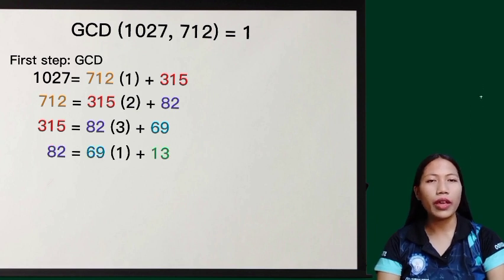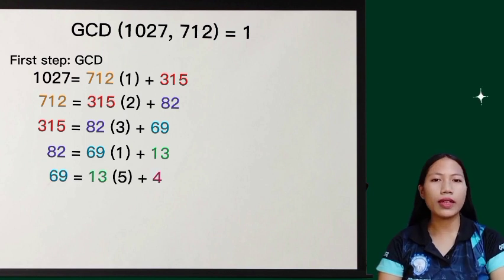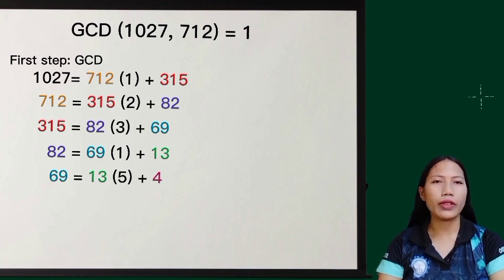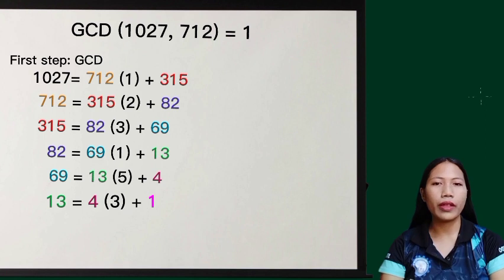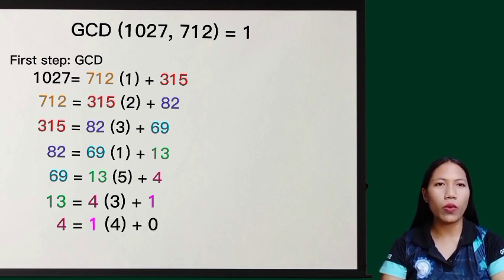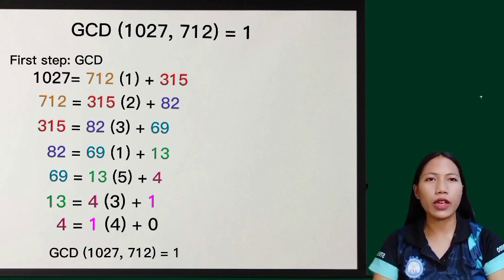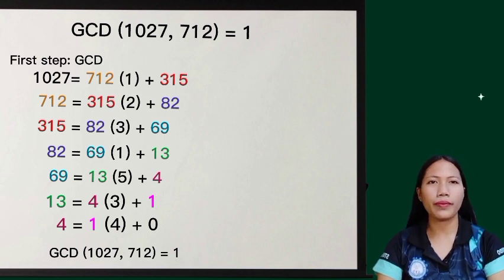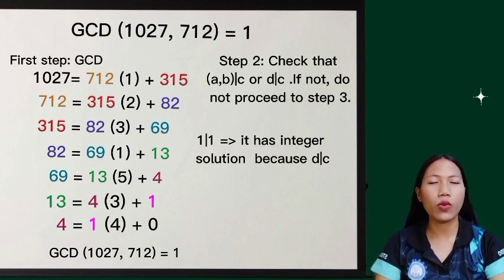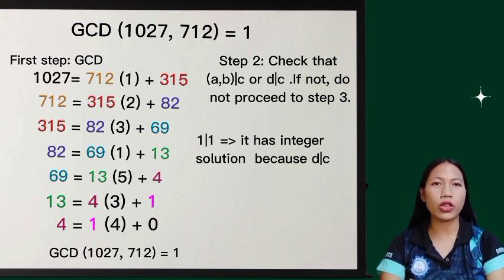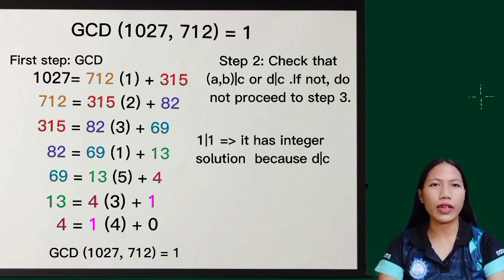And 82 equals 69 times 1 plus 13. Then 69 is equal to 13 times 5 plus 4. And 13 is equal to 4 times 3 plus 1. Then lastly, 4 is equal to 1 times 4 plus 0. Therefore, the GCD of 1027 and 712 is equal to 1. And 1 divides 1, so it has an integer solution because d divides c.